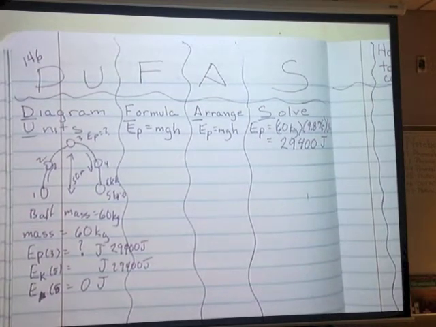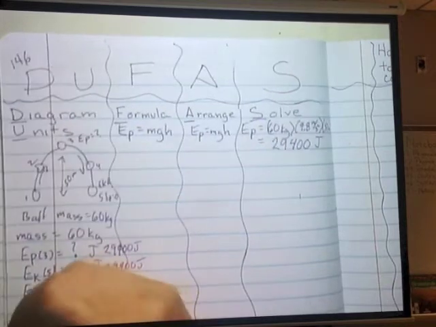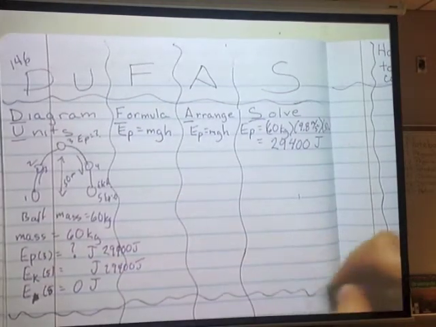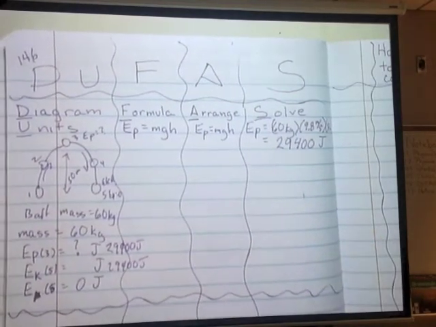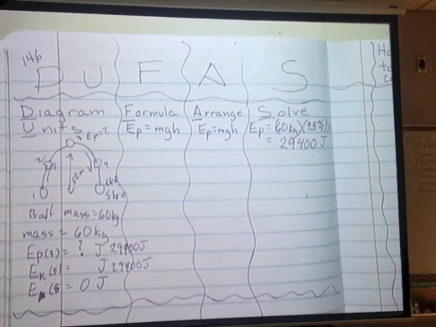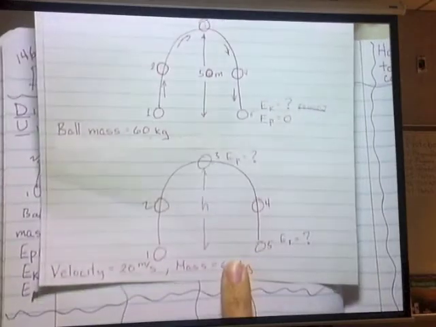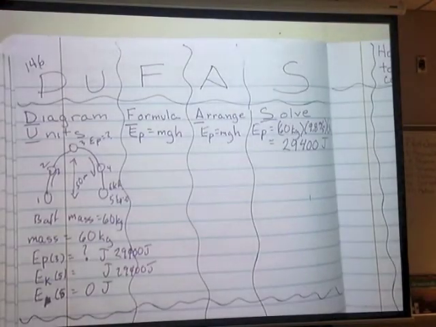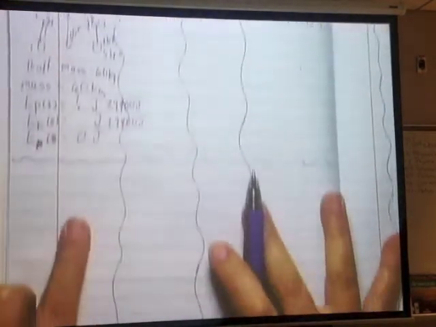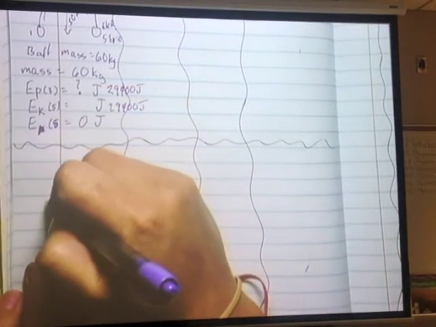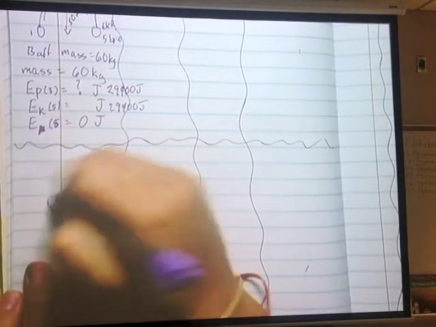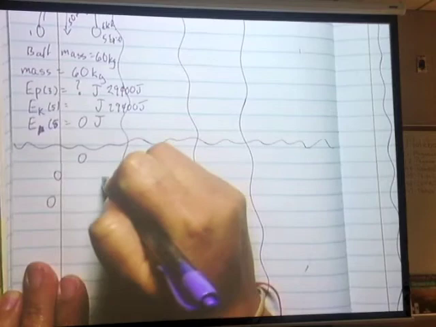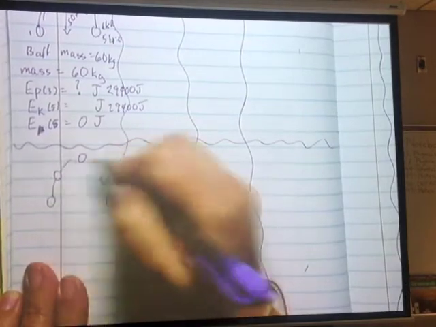So, looking at the next question. So kind of dividing that and going to the next question. If you look at your next diagram, the second picture that you drew, which is this one. Once again, with the DUFAS method, you're going to draw that diagram, so on the DU part, just go through and redraw your diagram very quickly.